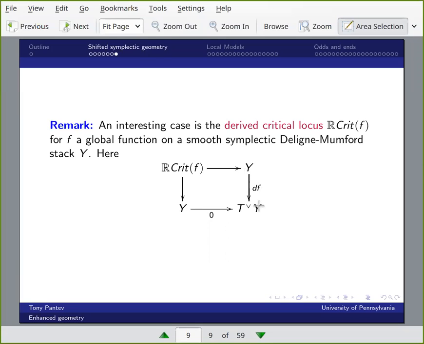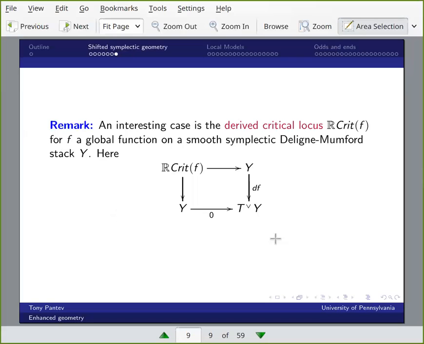But in perturbation theory, especially say in BRST quantization, you don't want to keep track of just the critical locus, the physical fields; you want to remember the normal derivatives of your action functional to the physical fields in the ambient off-shell space.